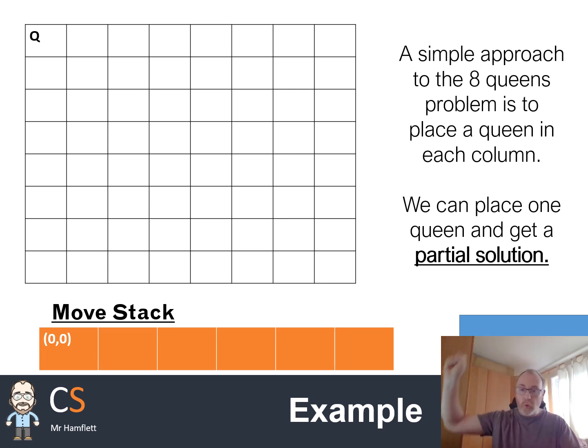So you always take off the top of the stack. So we use a stack to keep track of our moves as well. So I've placed 1 queen on the board, so I've placed 1 item in my stack. Okay, and this is just a coordinate. Okay, so 0, 0. So you can imagine, maybe I'll just get a black pen. That's column 0, row 0. I don't know why I wrote 1 there. There you go. Column 0.